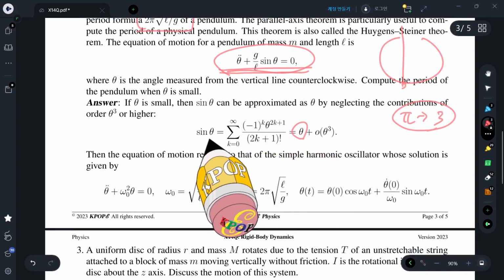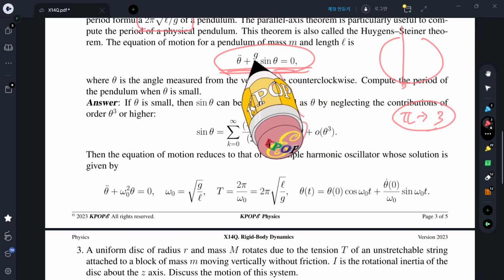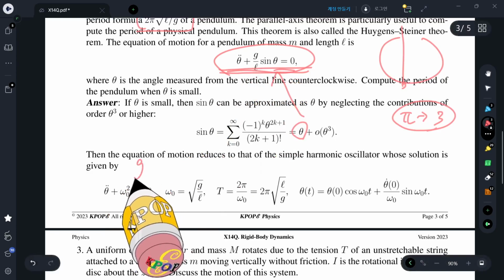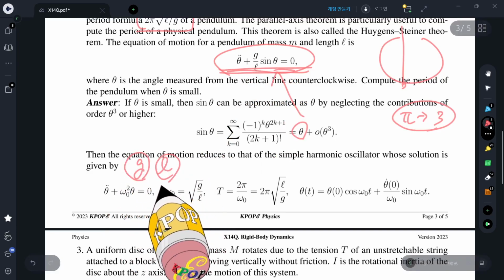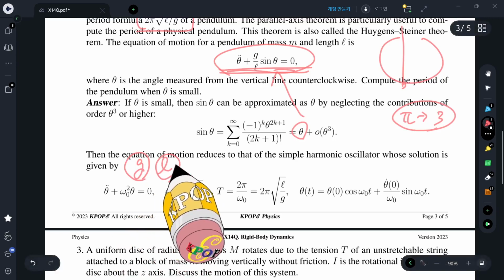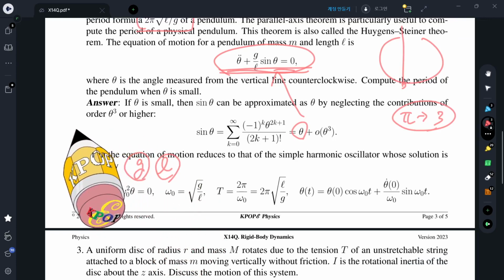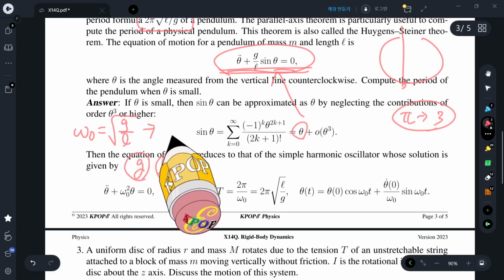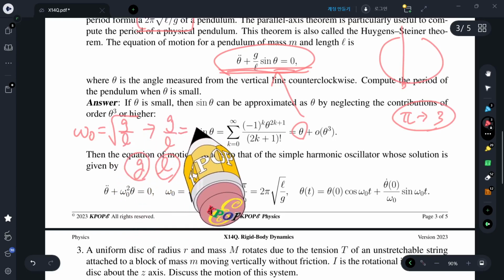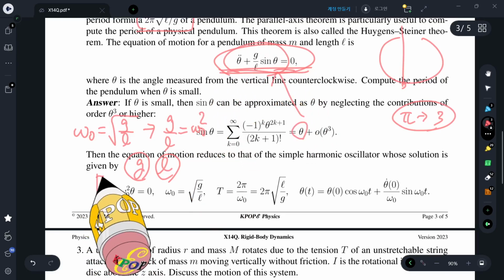If I substitute this into the equation of motion, the gravitational acceleration and the length of the pendulum are both positive numbers, so I can express omega 0 as the square root of g over L, then g over L is omega 0 squared. So I replace this with this.